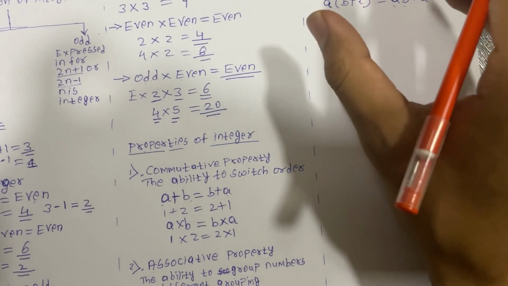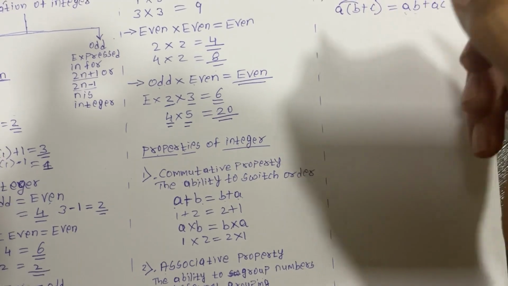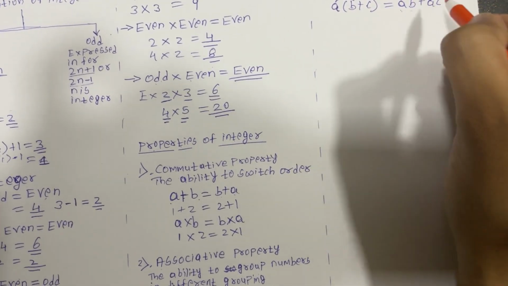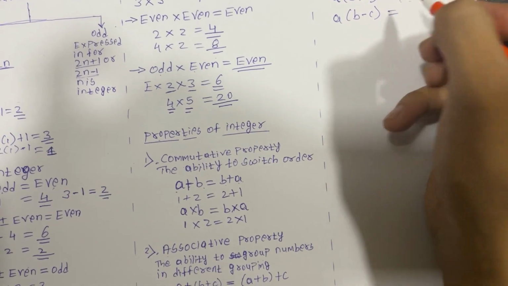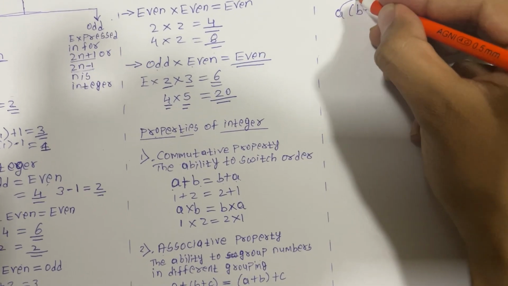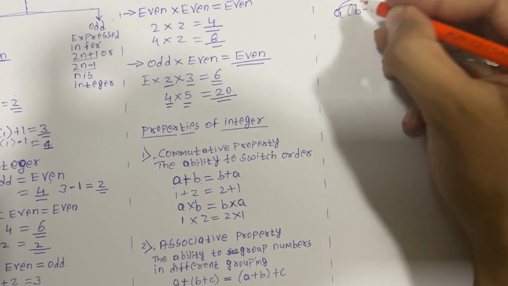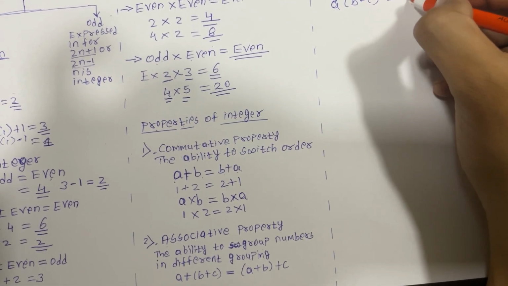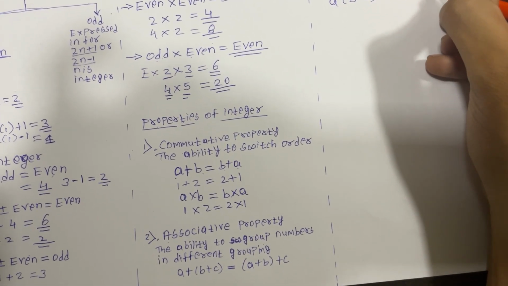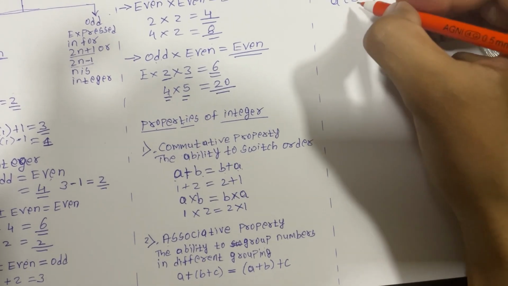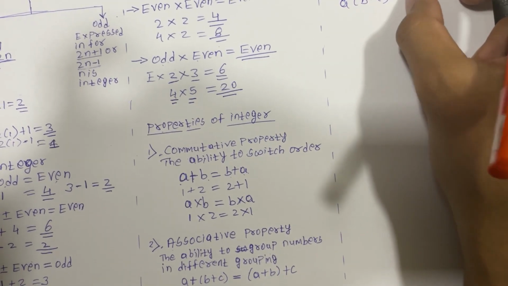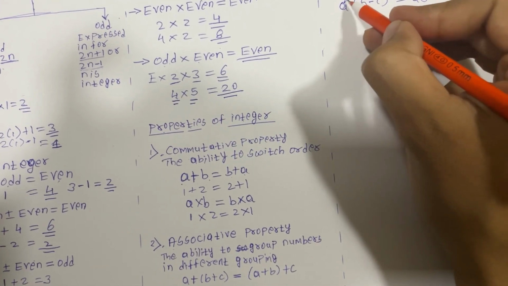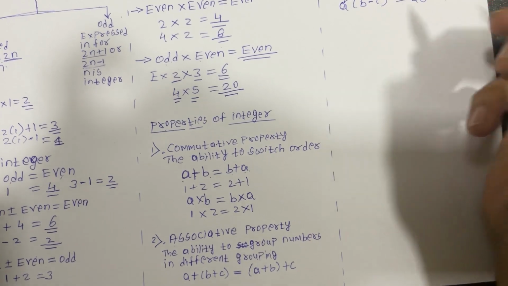So I have seen most of the people don't know this property, so this is an important property. If we are given a into b minus c, so it's a into b minus a into c. Okay, so we just simplified this equation in this form.